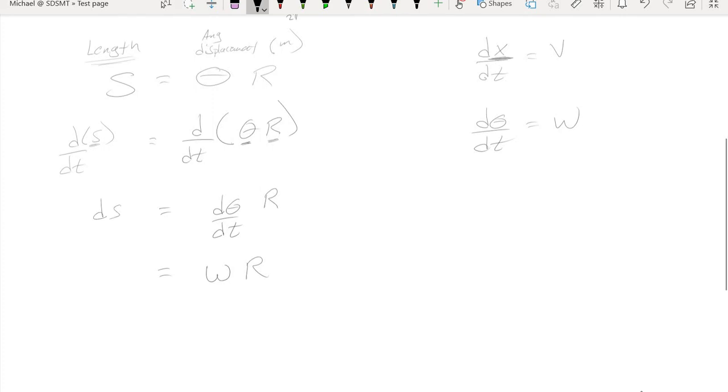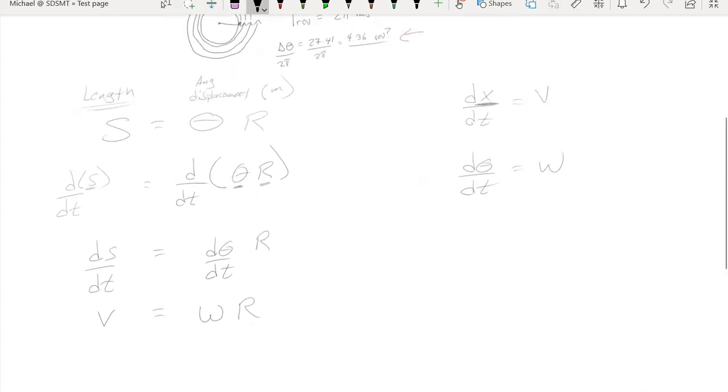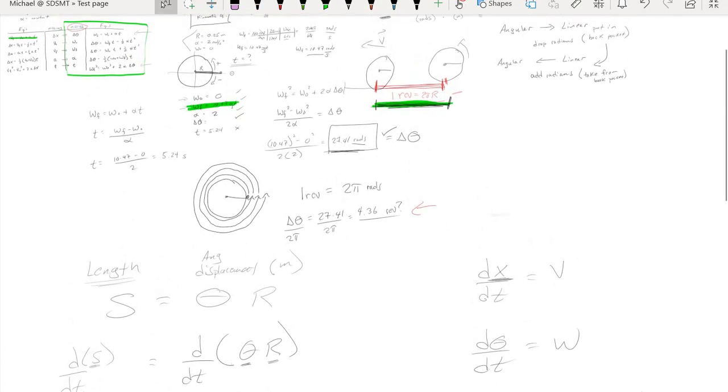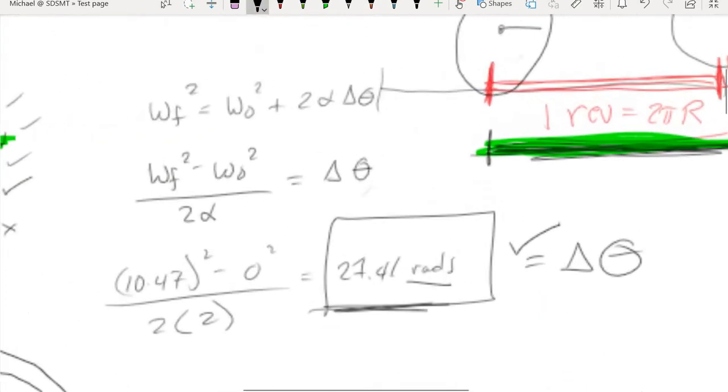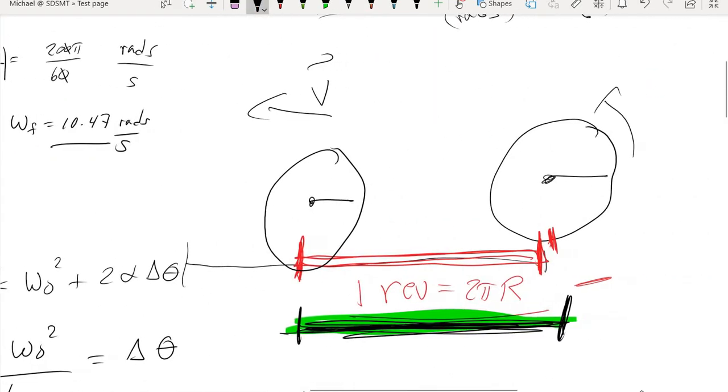And so that change in arc length with respect to time is what we would call the velocity at the rim of the circle.